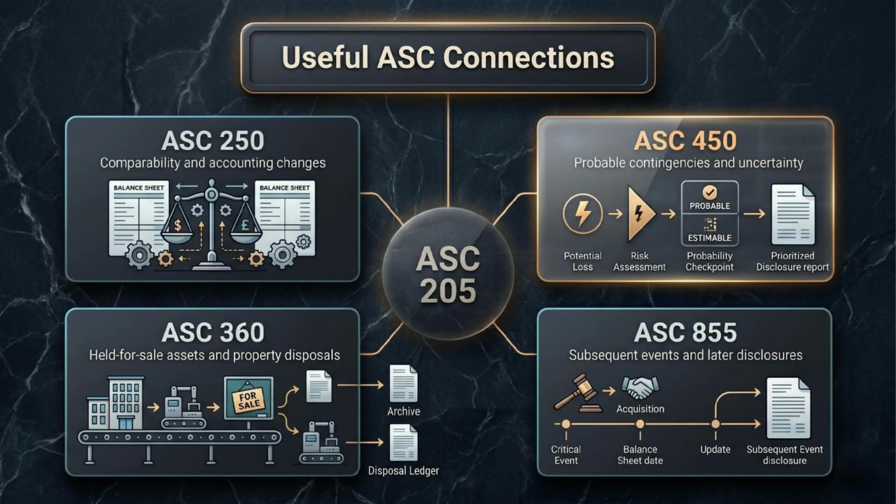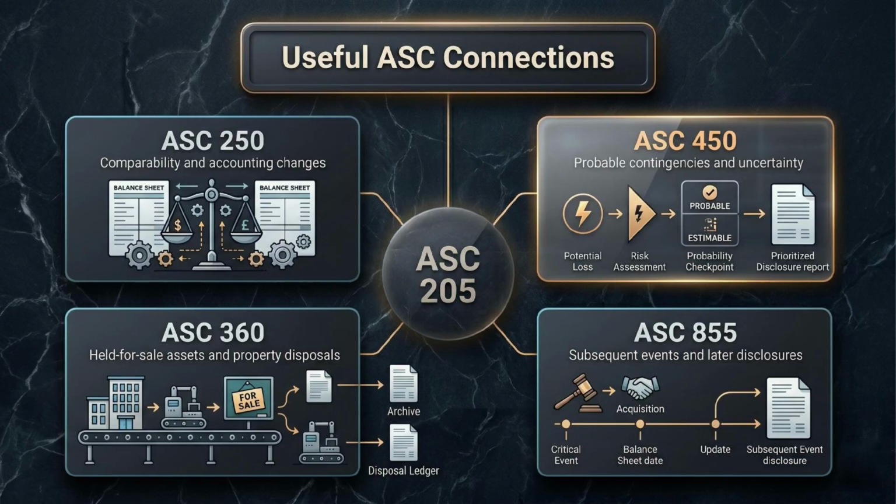ASC 205 also does not work alone. ASC 250 connects with comparability because accounting changes can affect how periods are presented. ASC 360 connects with discontinued operations because held for sale and disposal guidance often supports the ASC 205-20 analysis.